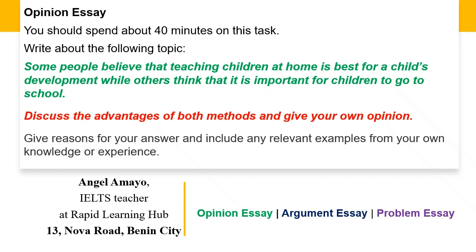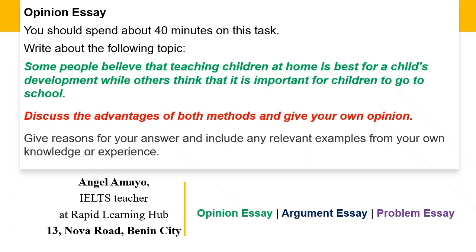You have the topic, in this case, which says some people believe that teaching children at home is best for a child's development, while others think that it is important for children to go to school. That is the topic. Now you can see the text in red. That is the prompt, or what we call the instruction or question, which you must directly answer in your essay. It says discuss the advantages of both methods and give your own opinion.